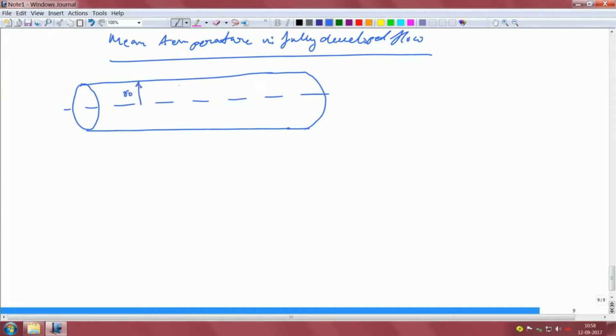This is of course R naught. Theta is obviously in this direction. So, it is theta symmetric. So, this way is x, that way is r, right?